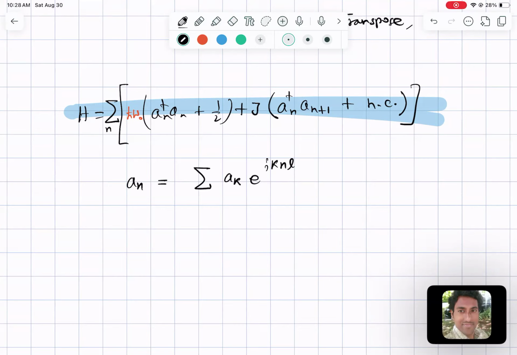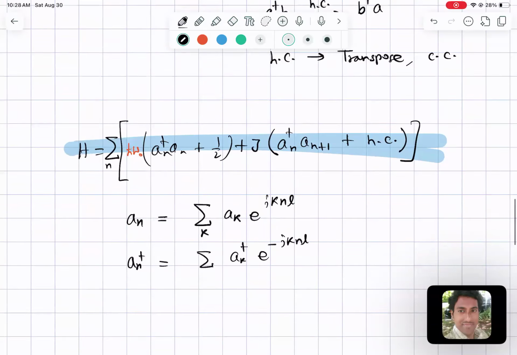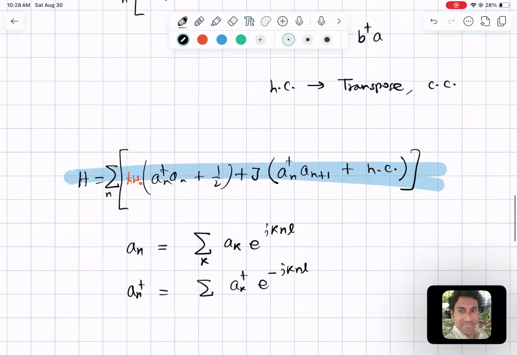There's a normalization factor in front, but I'm skipping that for now. So sum over all the K's. So a dagger would be, the sum is there, a_K dagger, e to the power minus i K n L. Because when you take the Hermitian conjugate, or do a dagger, you take the complex conjugate of all the terms.